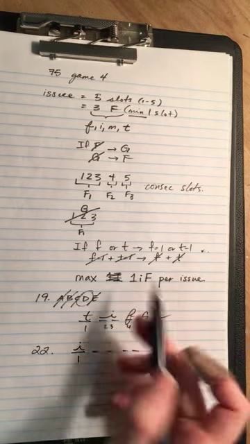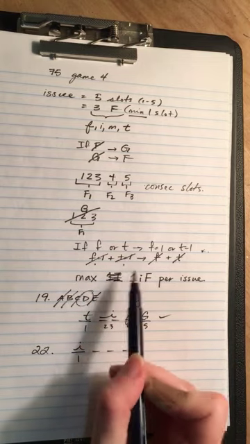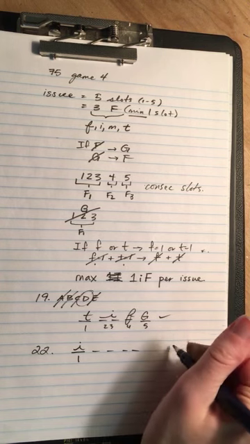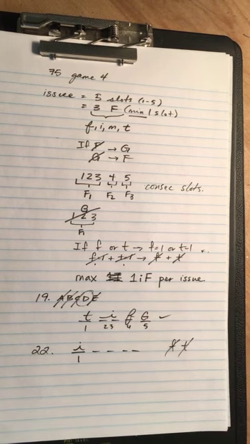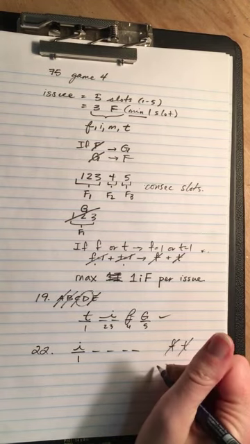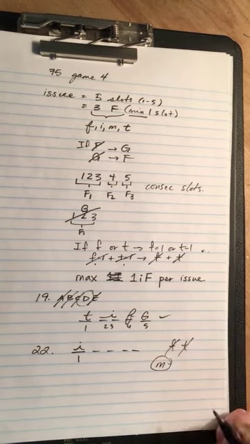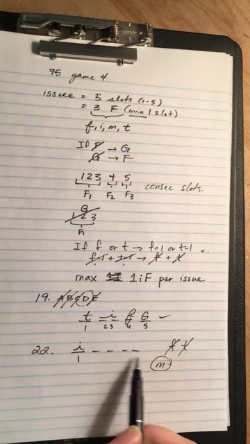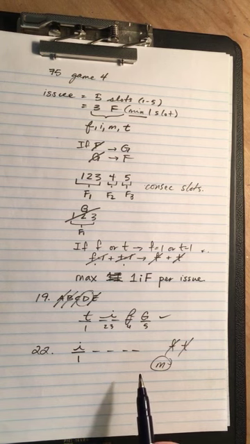So if neither F nor T is first, then we can't have F and T. So F and T are out, but we still need to have 3 features in this issue. So the rest of the features are going to have to be marketing features. And there are a lot of different ways, even within these 4 slots, that we could distribute marketing features.